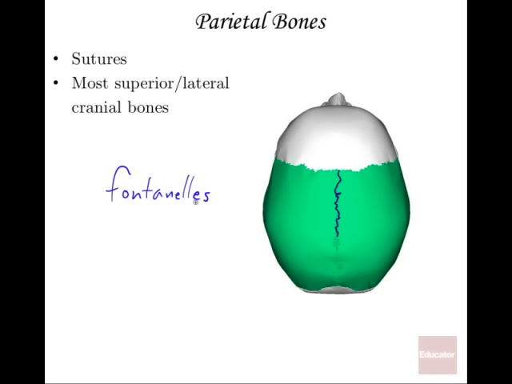When a baby comes out, you want the skull to be slightly flexible so that they can get through the birth canal properly, and also to allow for lots of brain growth that happens in the first several years of life. In my skull, there are no more fontanelles. Those soft spots have now been filled in with hard bone, and there are full-on immovable sutures. Those fontanelles in a baby's skull, those are soft spots that you're going to see where the sutures will one day be when they're full grown.